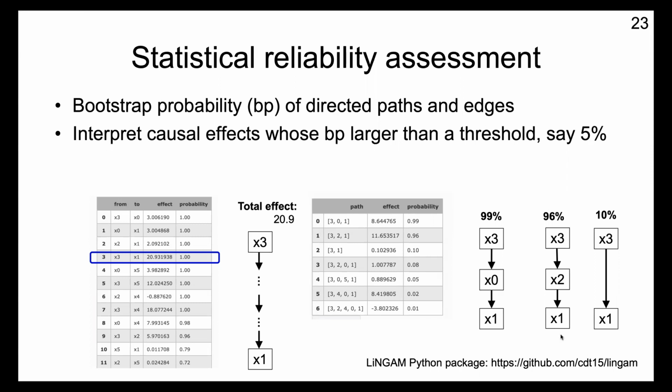Here, x0 and x2 are likely to exist between x1 and x3. This kind of bootstrap analysis can be performed using the LiNGAM Python package available at this URL.